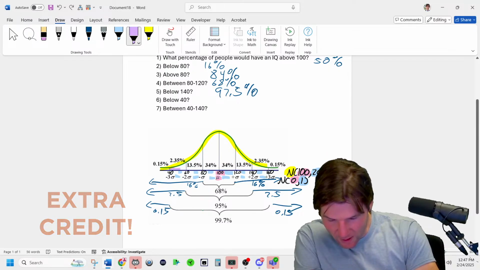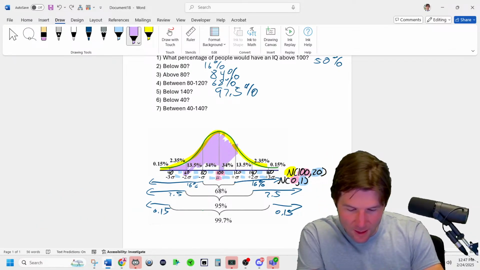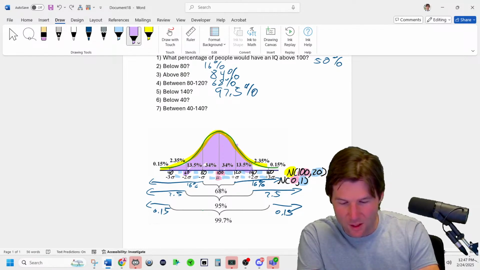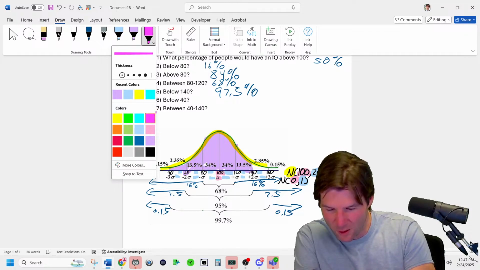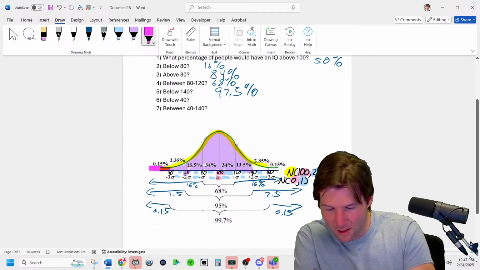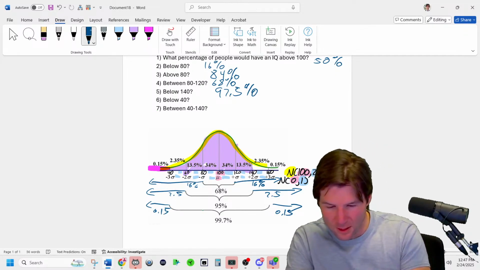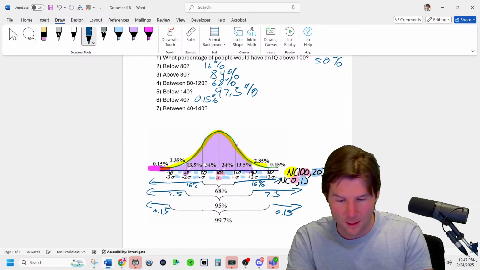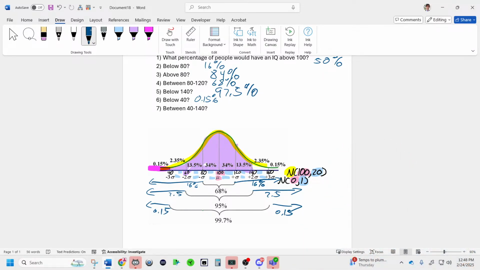It's going to be from here. And notice, it kind of looks like the area below 140, except for what? Let's talk about the mathematics on this, because we've already solved some answers. It looks like the area below 140, except we don't include the 0.15.